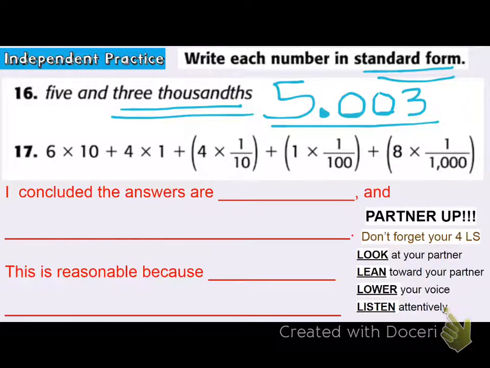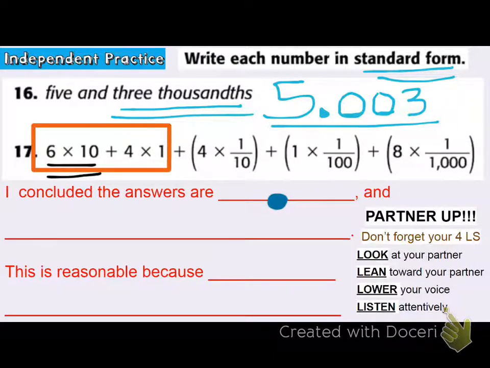Okay, the next one, I can see right away 2 digits are going to be to the left of the decimal. So I could put my decimal as my barrier, and I know that 6 times 10 is 60. And I know that 4 times 1 is 4. So 64. All right, all the other digits are on the right side.